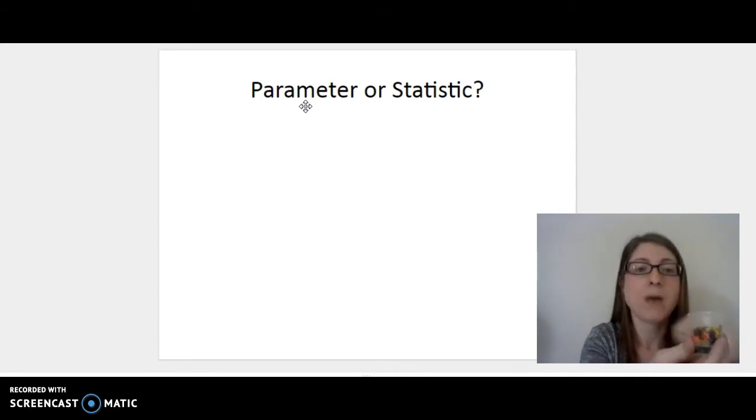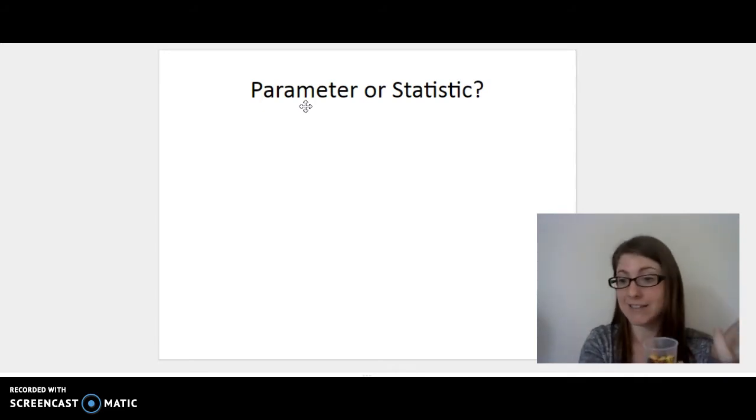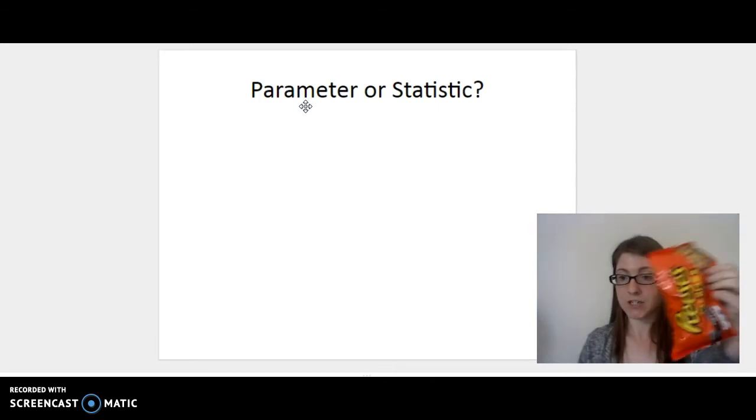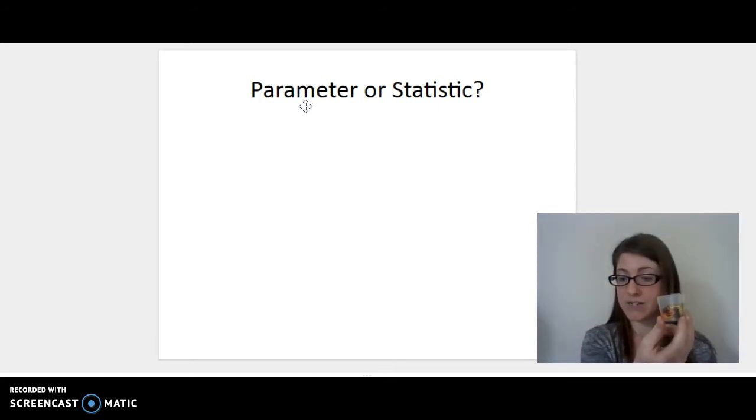Could be, right? It's possible, but then it's also likely that it's not. You might get a scoop that's heavier on yellow, or you might get a scoop that's heavier on orange. So when we think about the term statistic, it's tied to a sample. And for any population, we could have lots of different samples. So our scoops for our samples might generate different statistics.